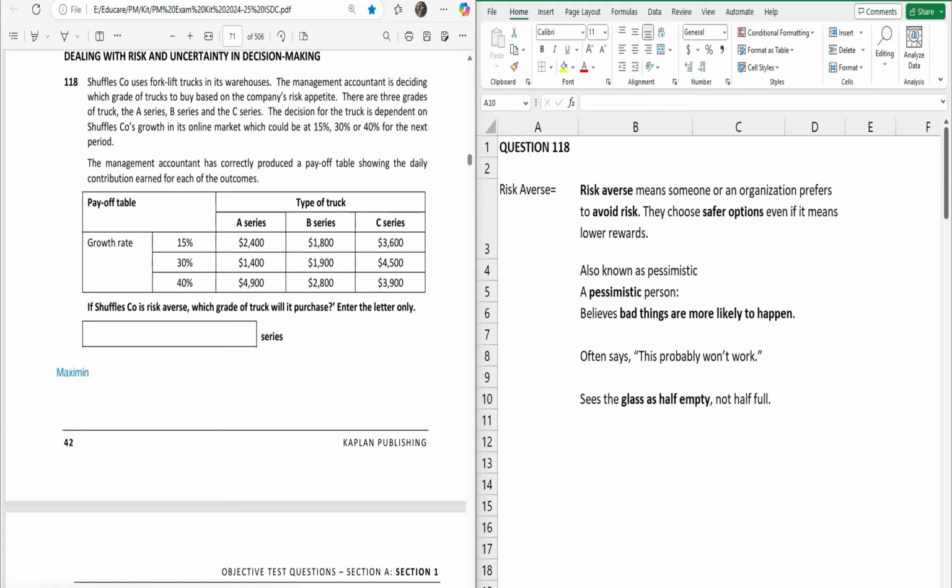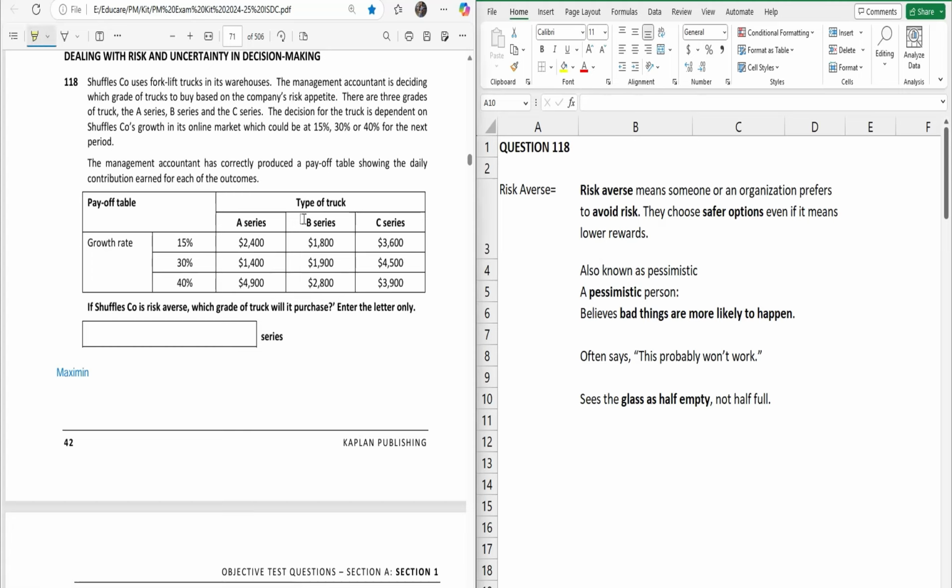So in that case, you need to apply maximin. You need to apply maximin. Now, in this method, you can see the word is maximin. That means you need to go for the minimum first, and out of those minimums, you need to choose the maximum. Let's see how. We have three options: series A, B, and C. If we go for series A, what is the minimum value?